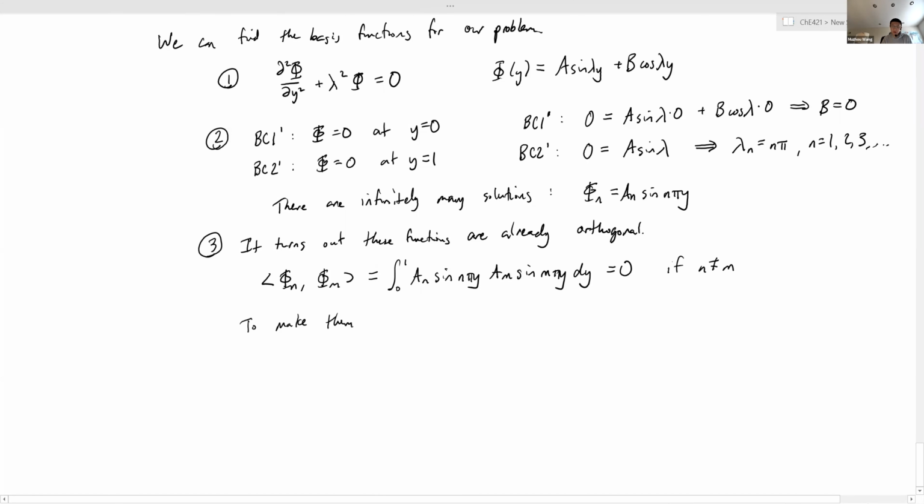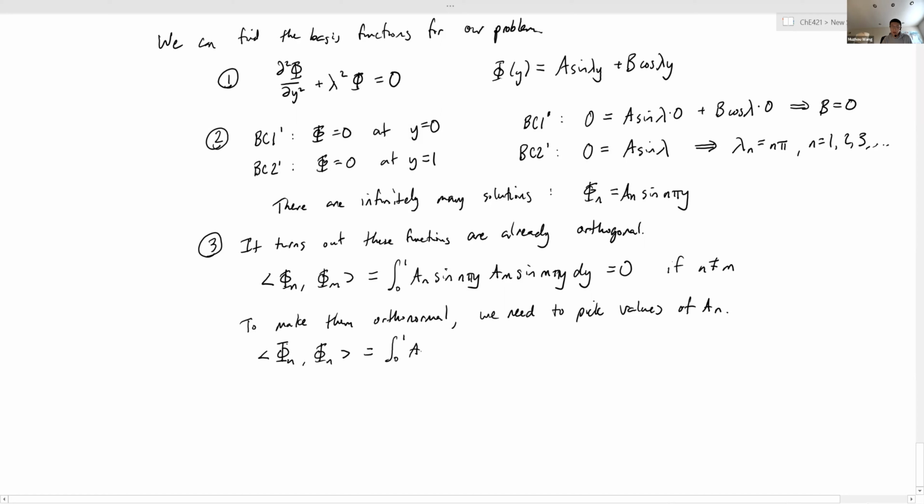To make them orthonormal, then we need to pick values of a sub n. In other words, if I calculate this, this should give me 1, right?